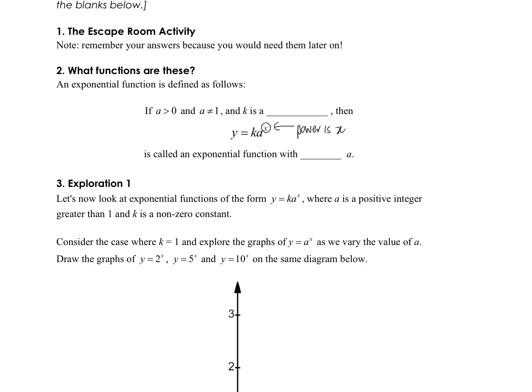An exponential graph doubles up or increases at a rate much faster than the normal rate. So when the power is x, we call it an exponential graph. This number here, we just call it a constant. Then this one, we call it an exponent, or we can say the base a.